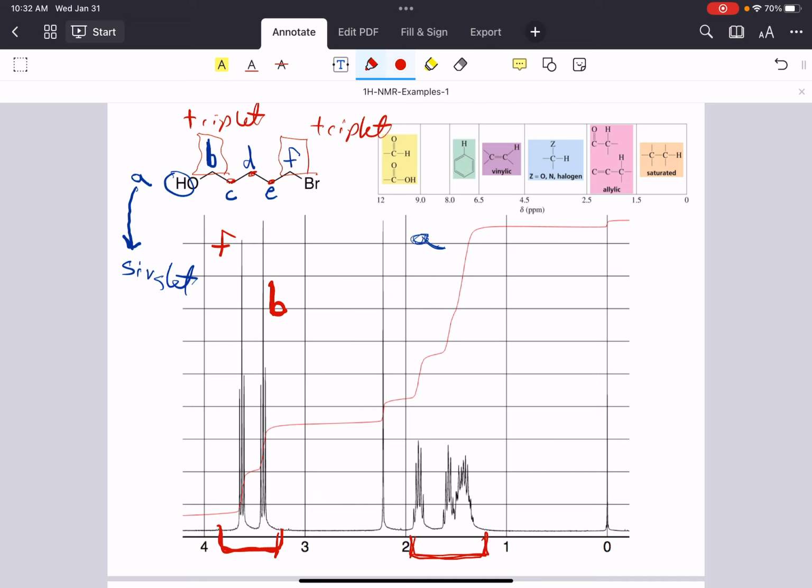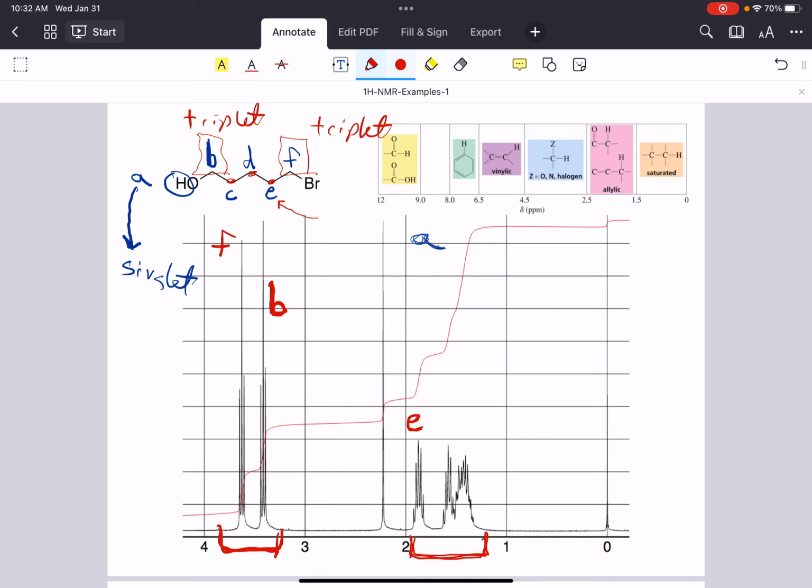If I think about E, E should be the one that's farthest downfield because it's the nearest of those three to the most electronegative atom in the system. So I would expect this signal to be E. If I think about its splitting pattern, it should be complex because E has two neighbors on the right and two neighbors on the left. I would expect it to be a pentet, and that's consistent with what we see at that farthest downfield signal.